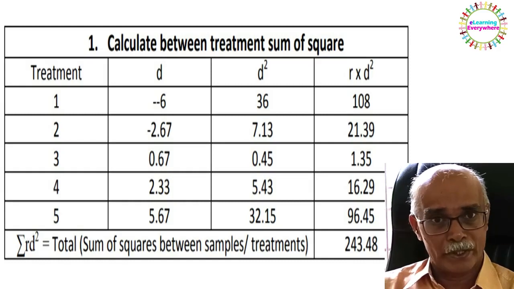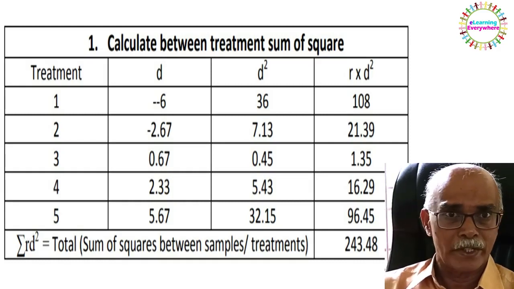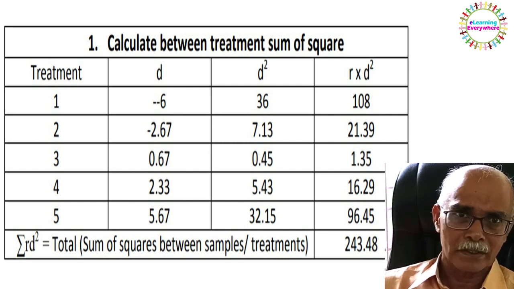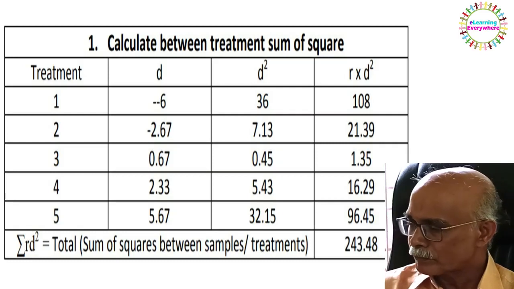what you got as F D square in the case of finding out variance, in the case of a discrete frequency table, for example.